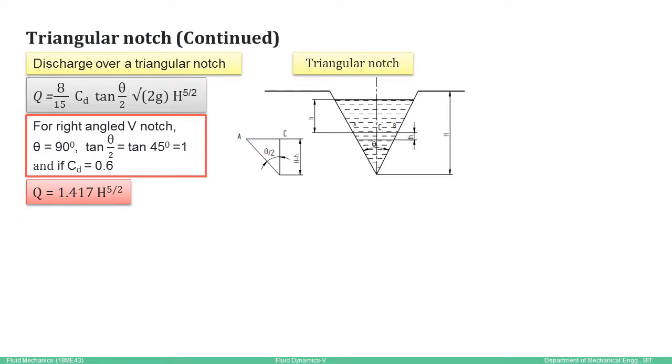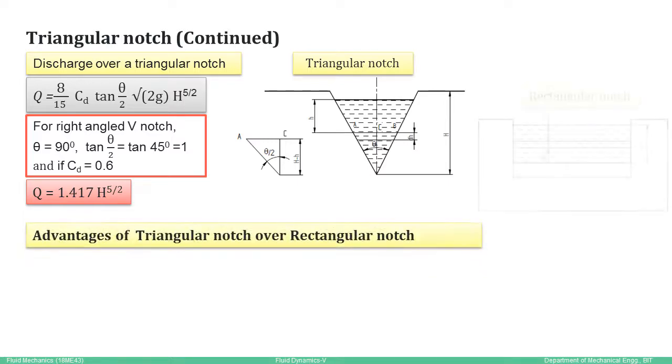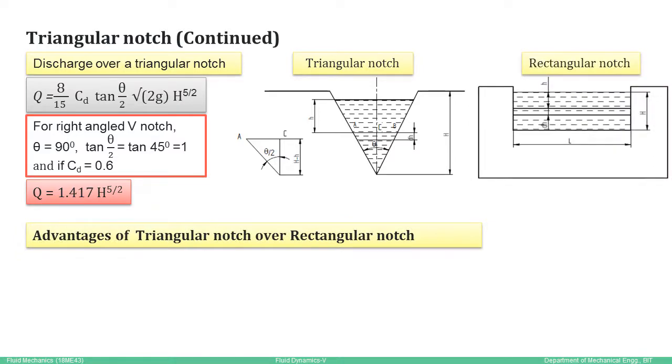So we have some advantages over the rectangular notch. If there is a very small volume of fluid flowing over the rectangular notch, this H, capital H, which is to be measured to find out the discharge, will be very small.